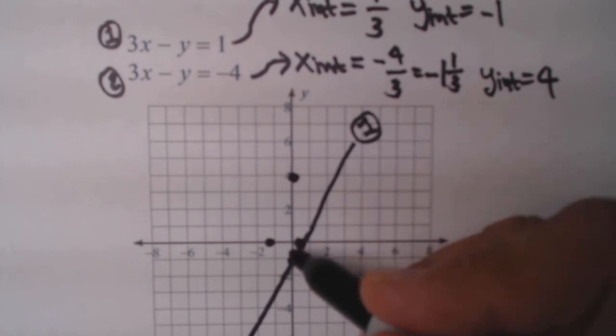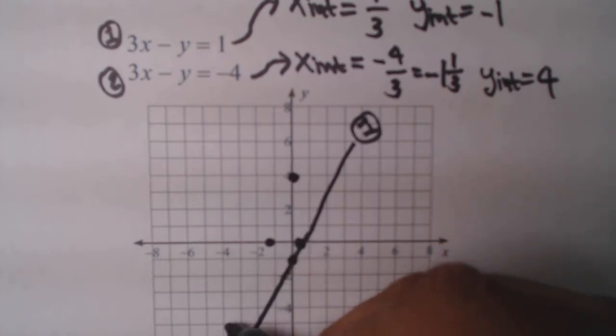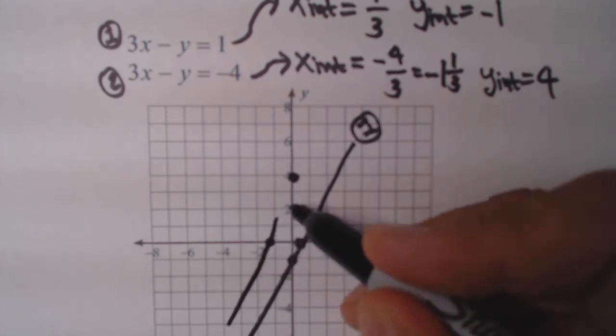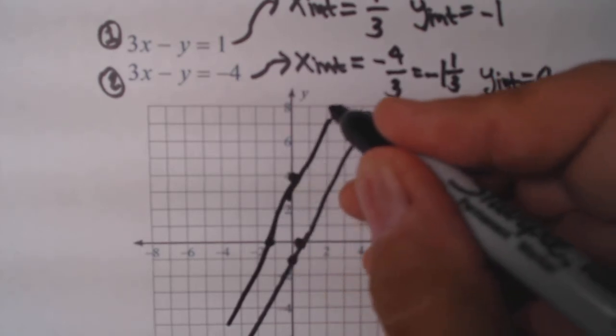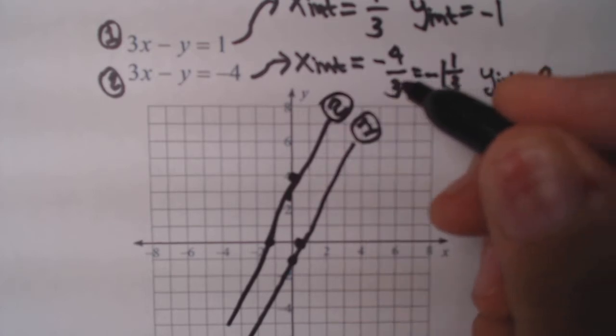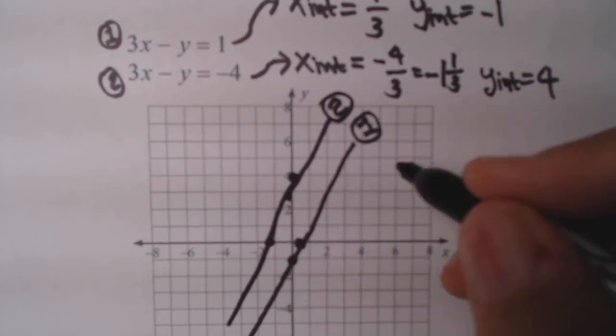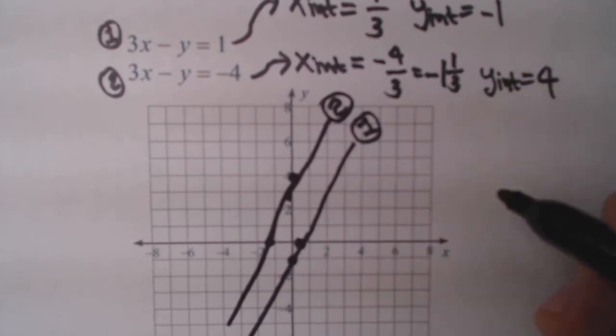Okay, now let's see what happens when we graph these guys up. Here it is. My line's a little wiggly, but this is number 2. Kind of looks like these guys might be the parallel case.